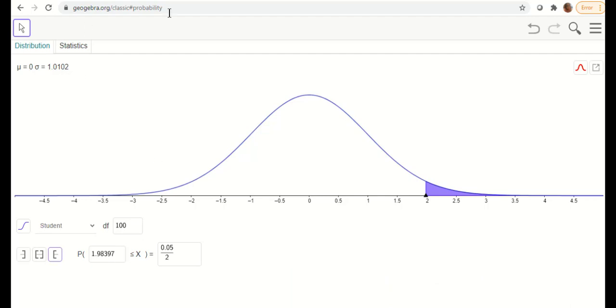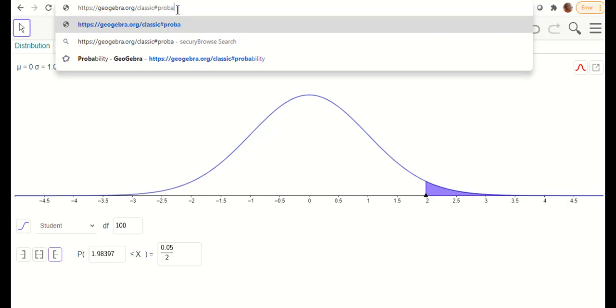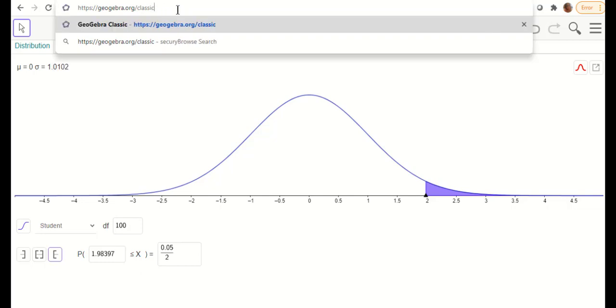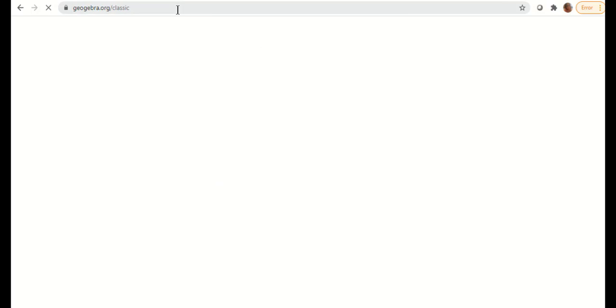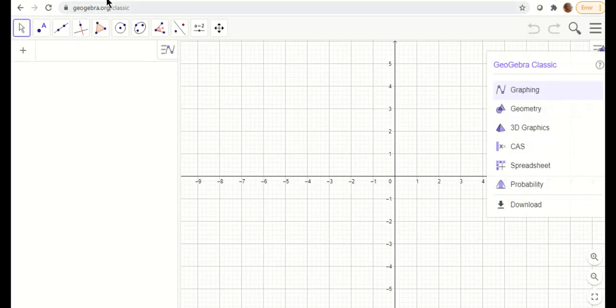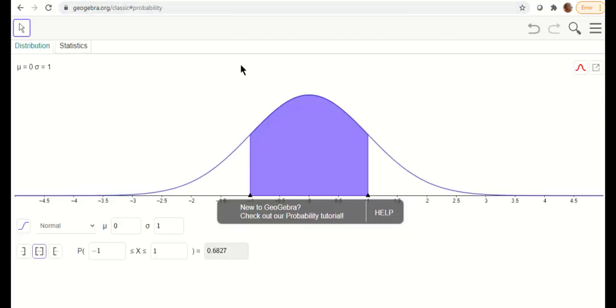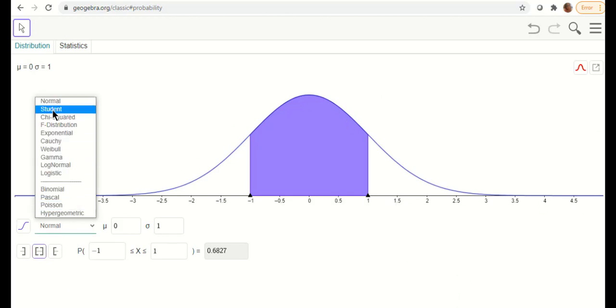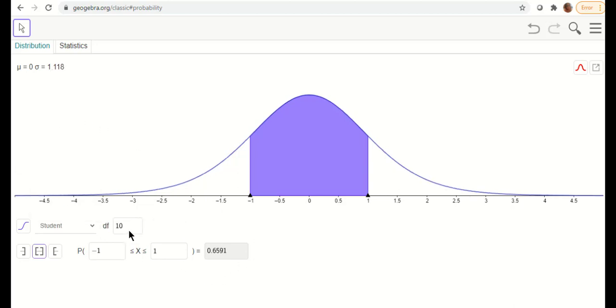So let me tell you, we start in our GeoGebra Classic. Let me refresh our page from the beginning, okay? We always start in GeoGebra Classic and we go to probability. From probability, we are no longer dealing with a normal distribution. We are now dealing with a student t-distribution, so we will select student. Then we will select our degrees of freedom. We keep it in line with what we were doing, which is 100.